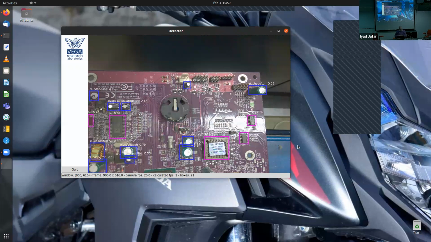I've also used the SSD, single shot detector, and it's faster. I don't know why, but on Jetson it is faster. I was working on YOLO, so my last version was on YOLO, and I left that.